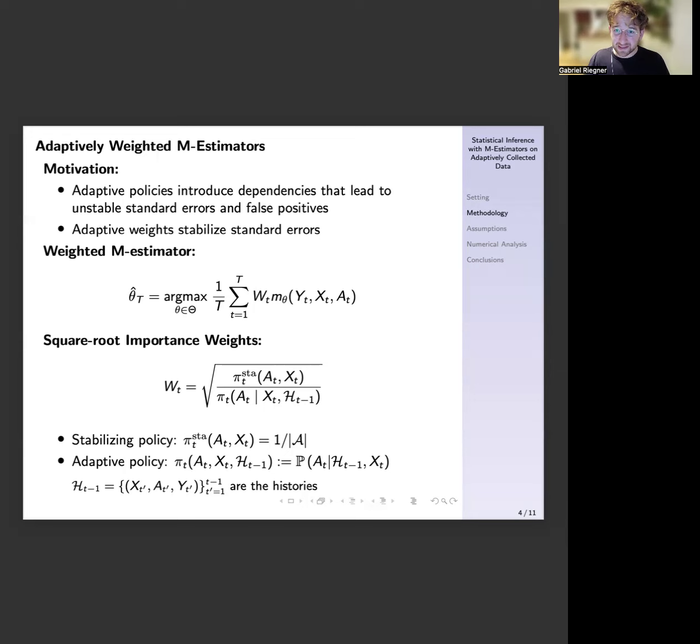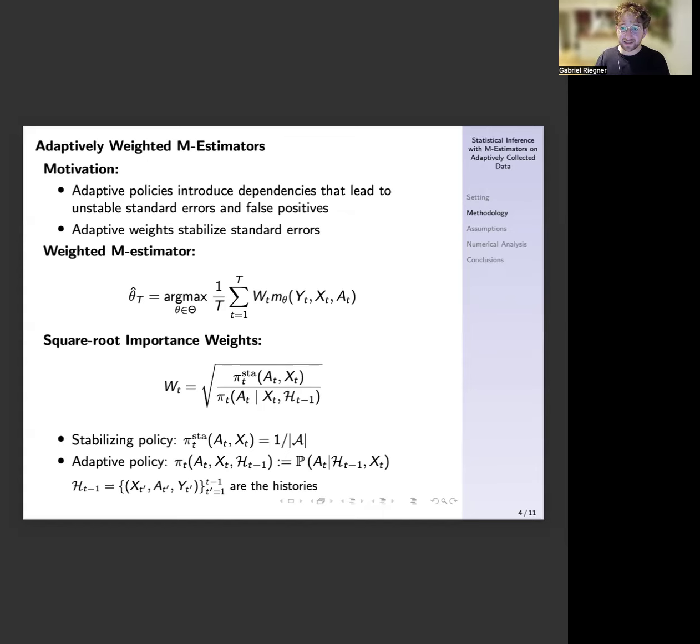The weighted M-estimator introduces weights, W_t, into the standard M-estimation criterion function. The specific weights proposed in the paper are called square root importance weights, and these involve two policies.